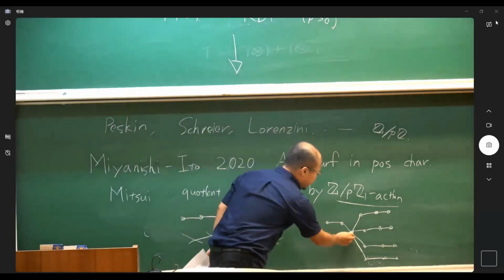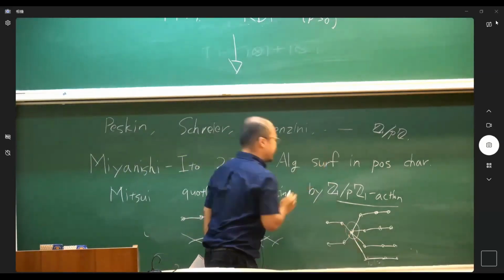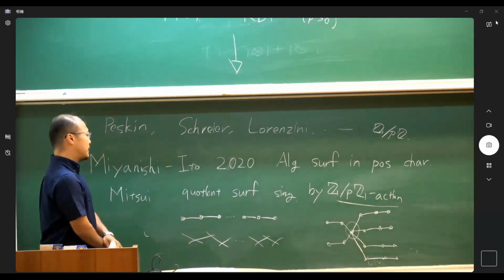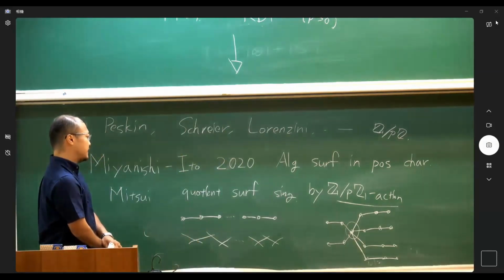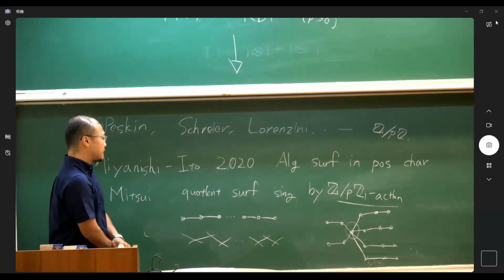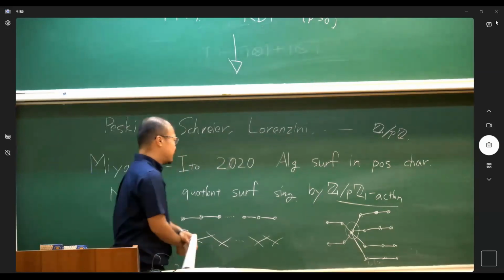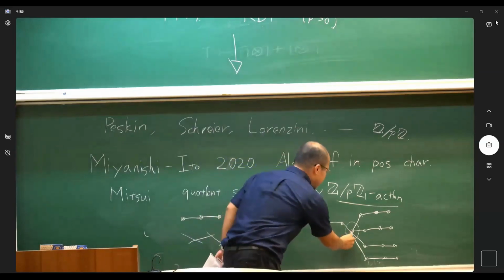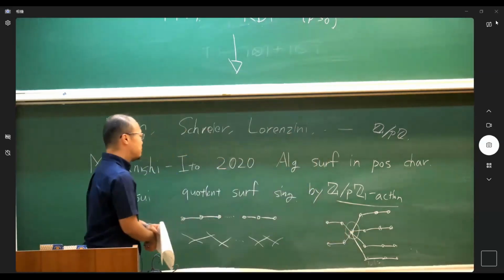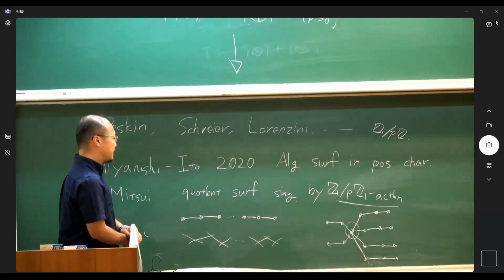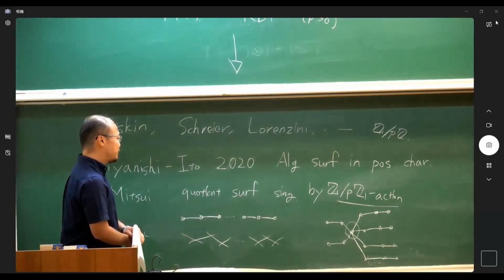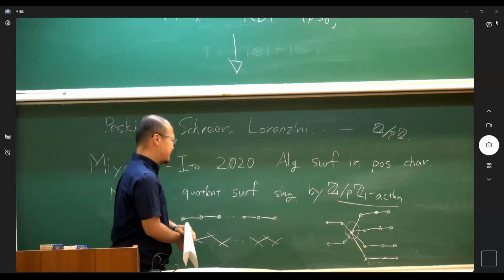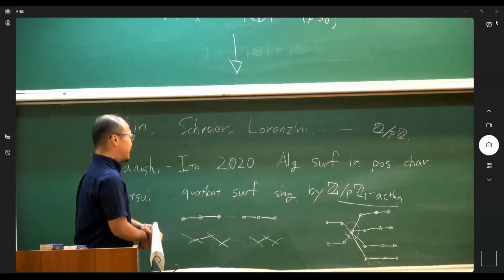In this case, there exists only one node. A node is a vertex with more than 3 edges. This number of nodes is usually 1, but in the general case this cannot be 1. And this is a very difficult problem.